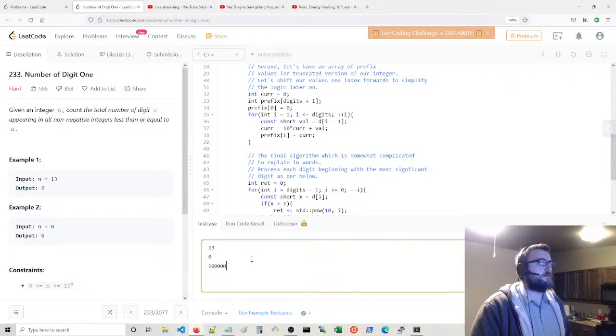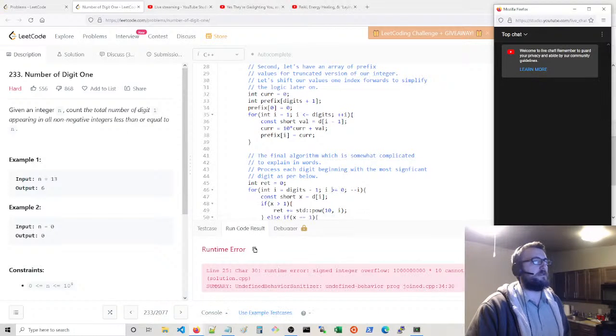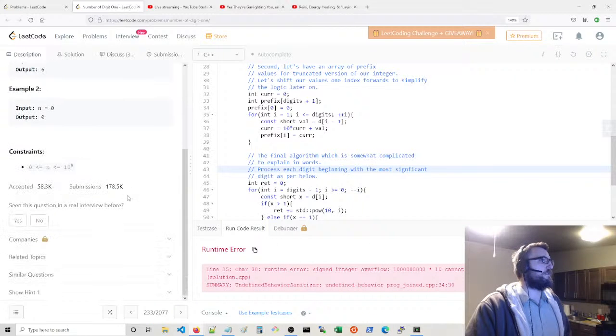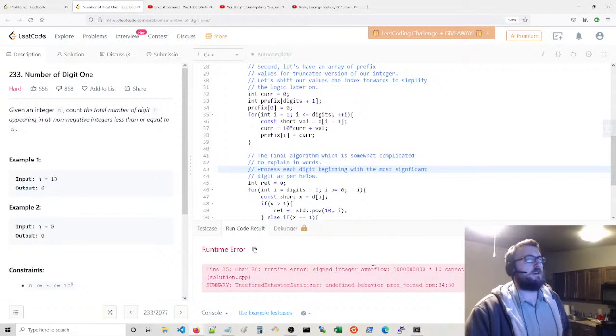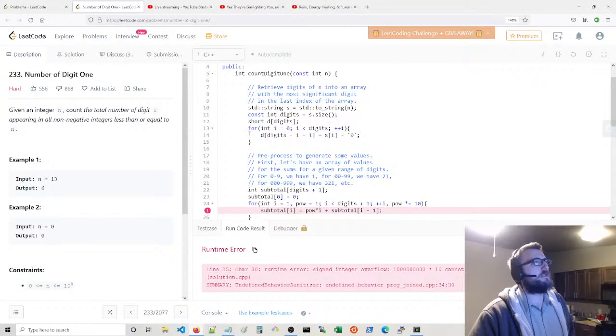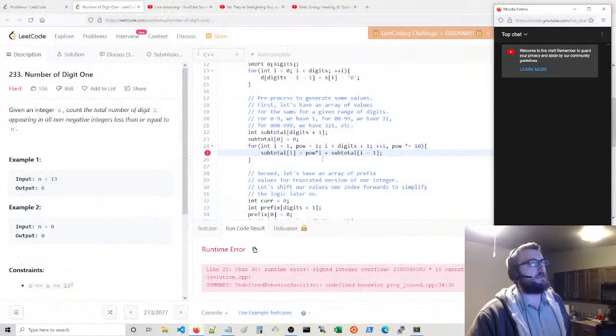1, 2, 3, 4, 5, 6, 7, 8, 9. I don't know if that's correct. Let's start with that. If that's right, then we'll... Uh-oh. Signed integer overflow. Ah, okay. That's close. That's interesting.